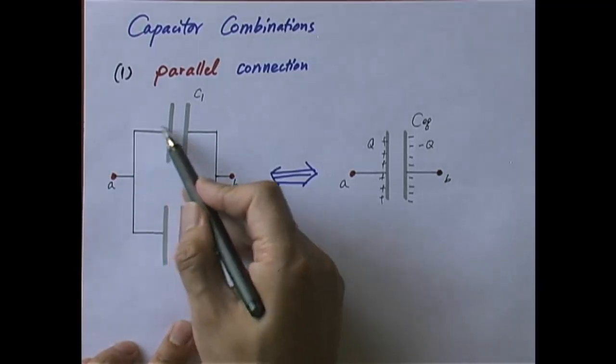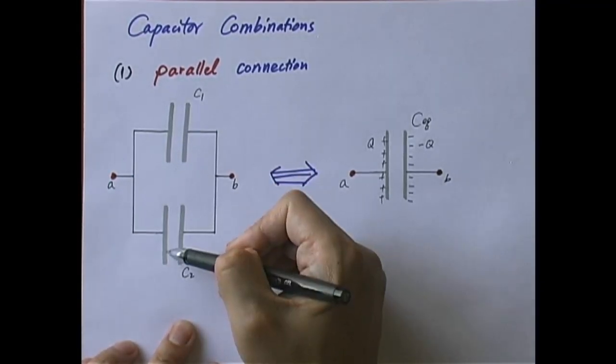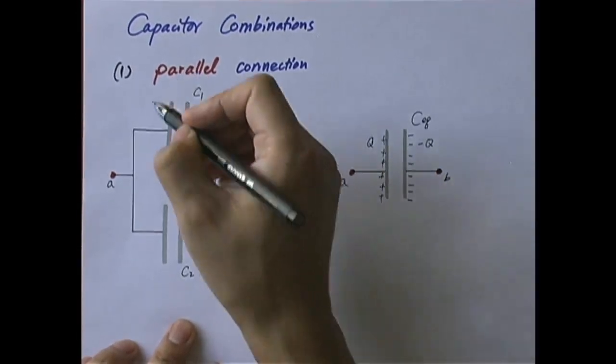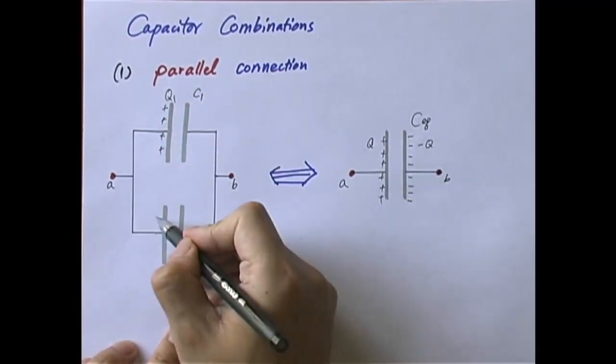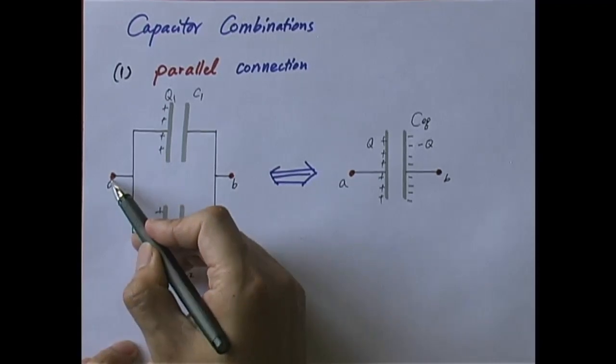This point A is now linked to two metallic plates, this plate and that plate. And these two plates may not necessarily carry the same amount of charge. Let's say this one carries Q1 and this one carries Q2. They're both positive because A has a higher potential than B.